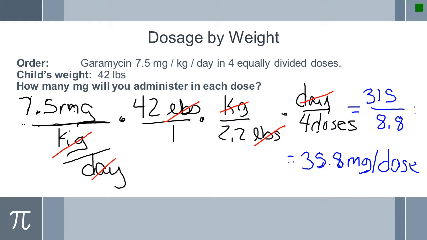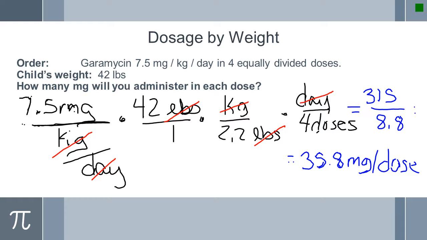And I want per dose. So I'm going to add that conversion in here. And it tells us that there's 4 doses in each day. So I'm going to say a day is 4 doses. So now my days cancel and I'm left with milligrams per dose.